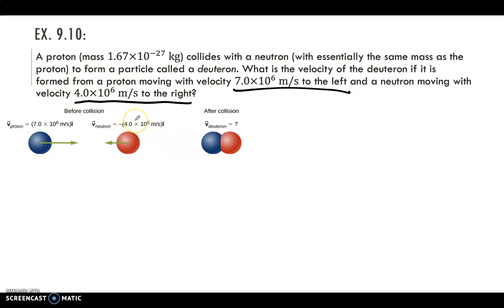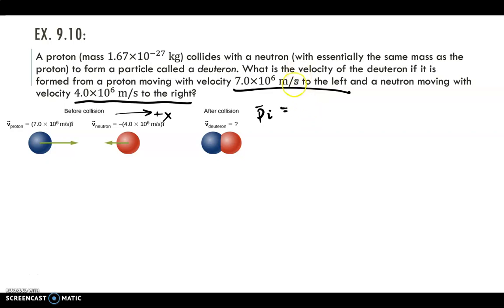So this is very similar to what we've been doing. Before and after the collision, we have P sub i. I'm going to go ahead and say that this is the positive x-axis. Again, to the right is typically positive.